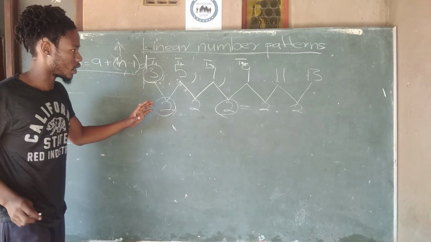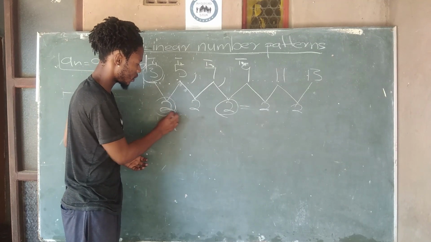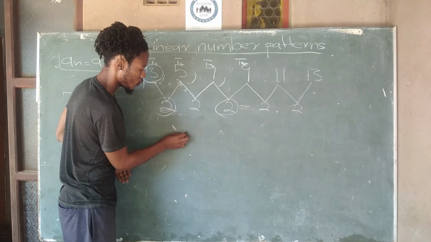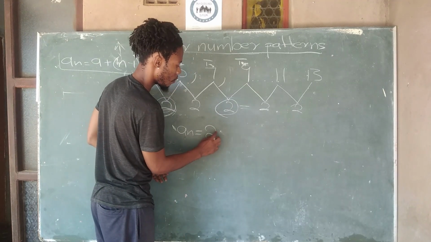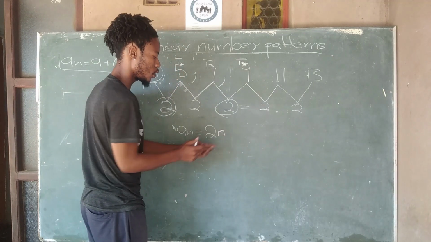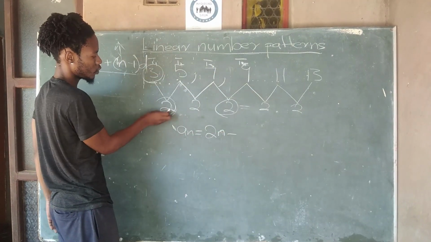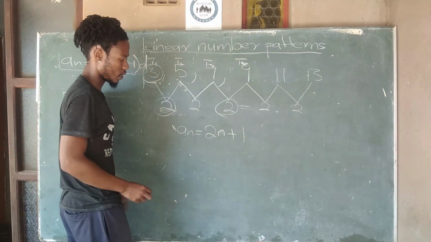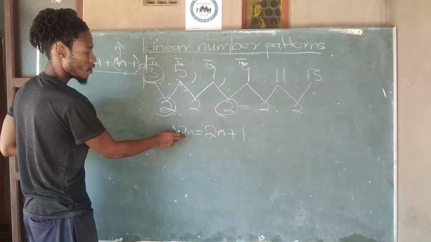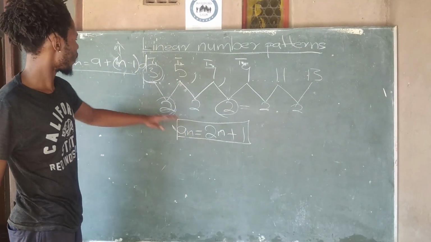Because I showed you that if the constant difference is 2, then your general term will have 2n. You multiply this 2 by the number of the term you're looking for, which is n. Then you subtract 2 from the first term and you get positive 1 here. This is your term. So we have to get the very same term by using this formula.